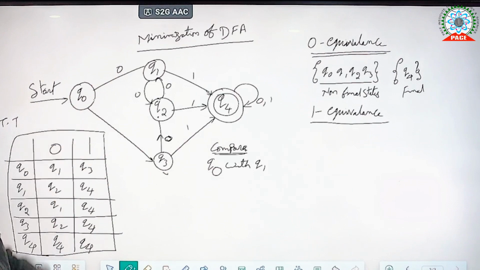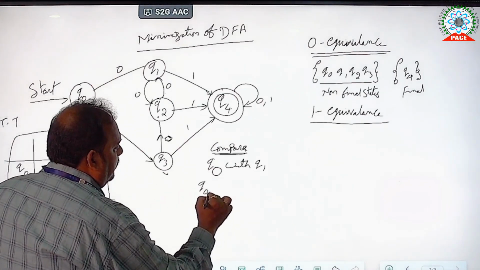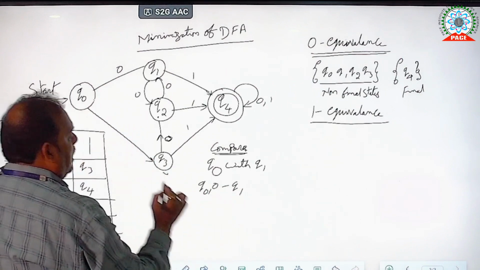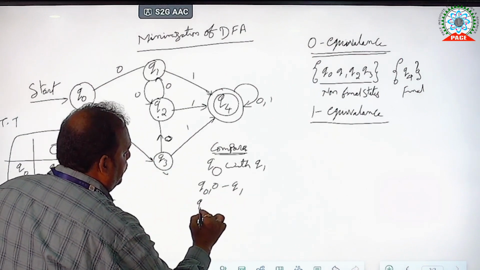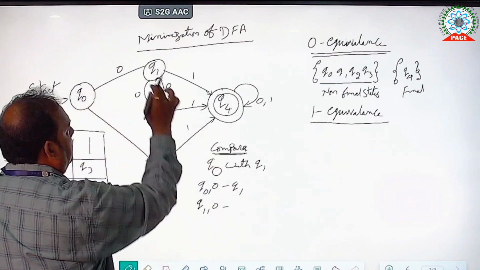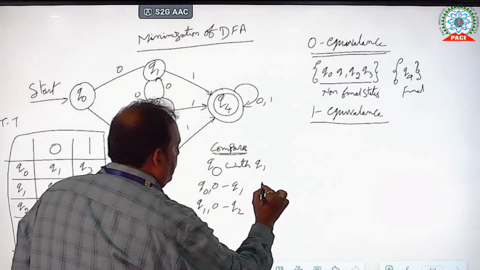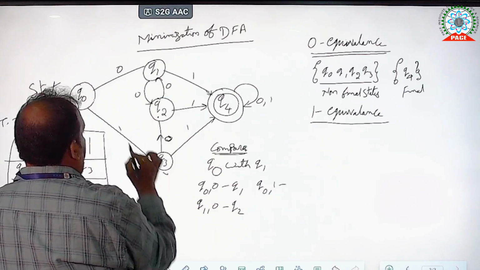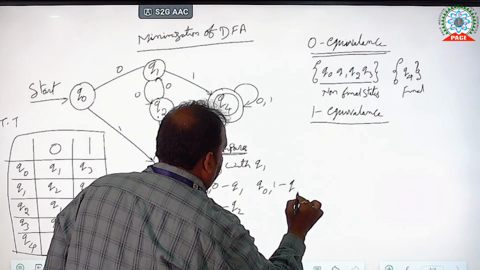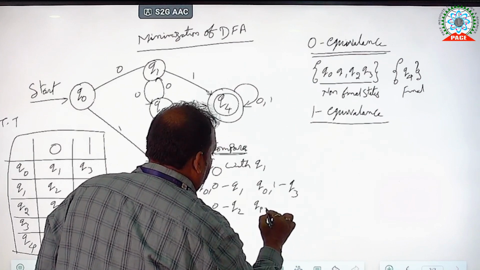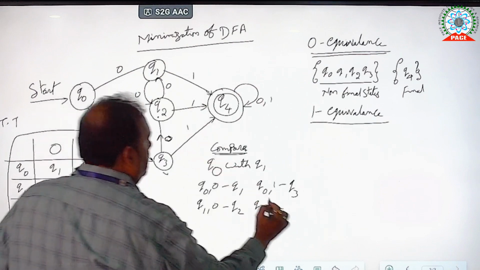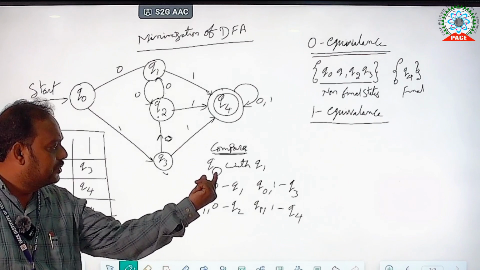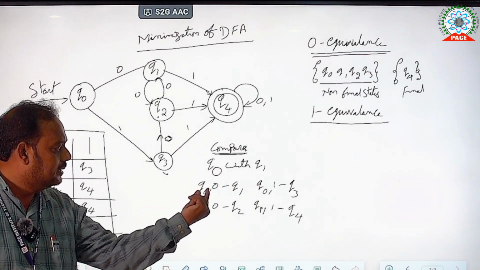Q naught with 0 transition reaches the Q1 state.